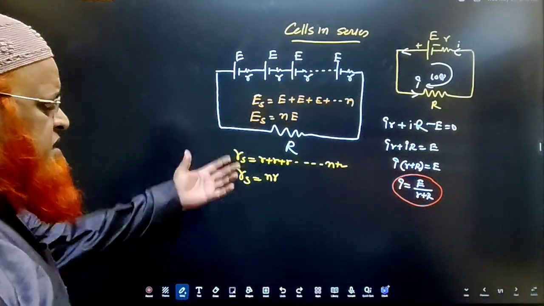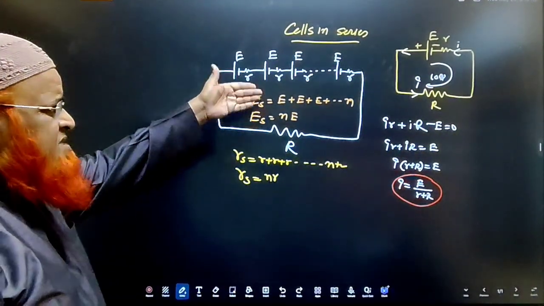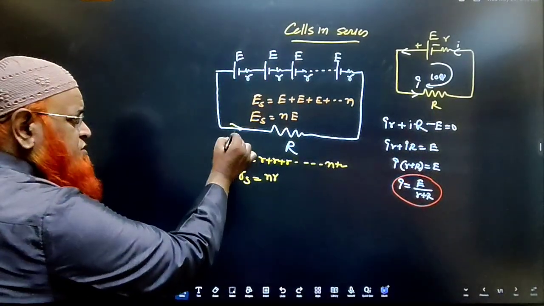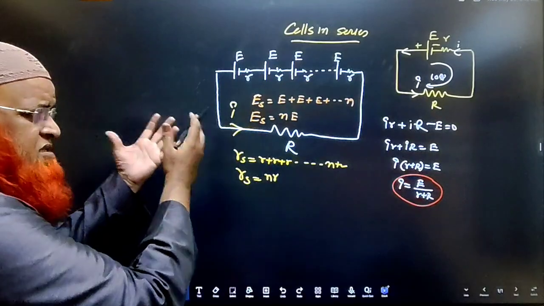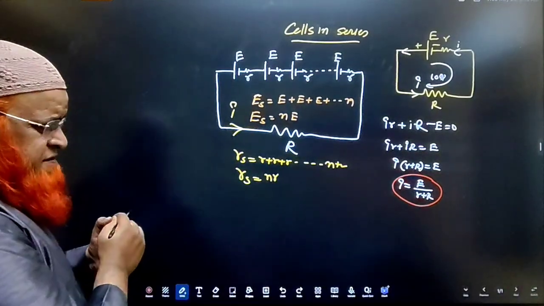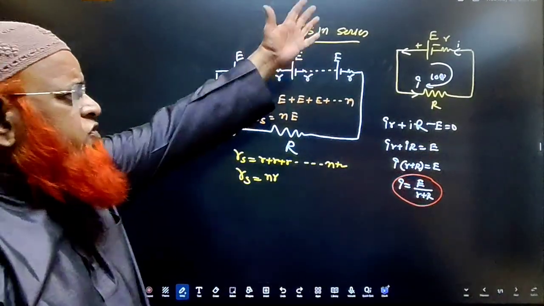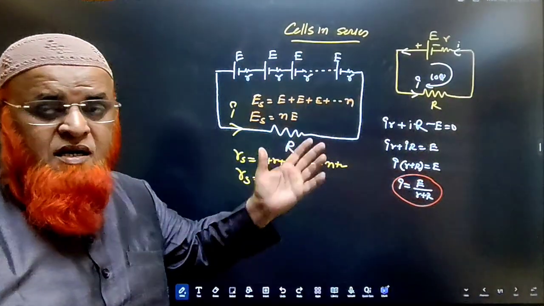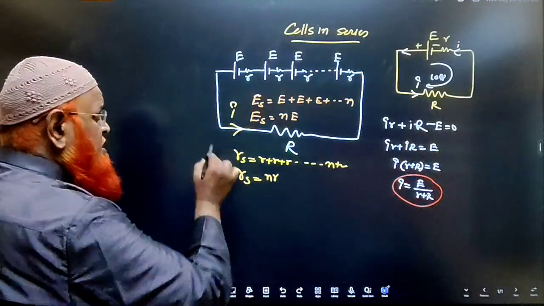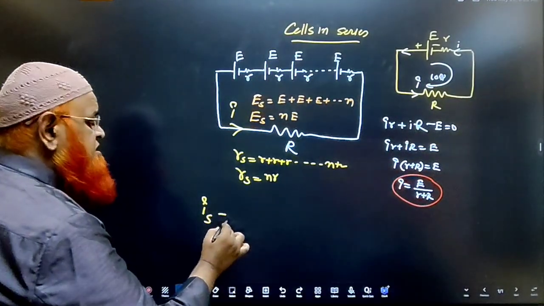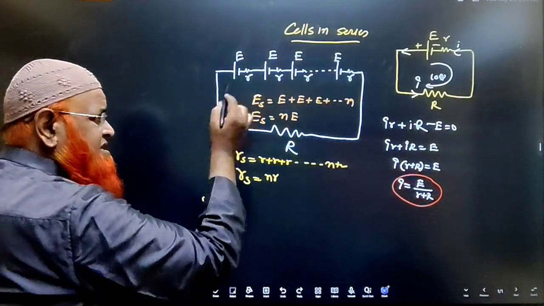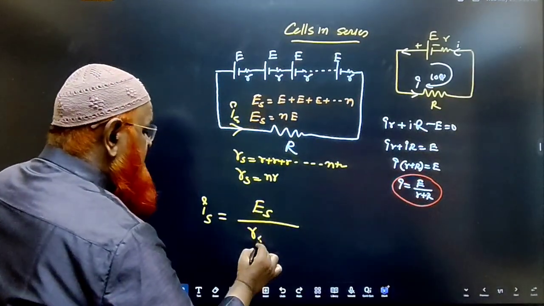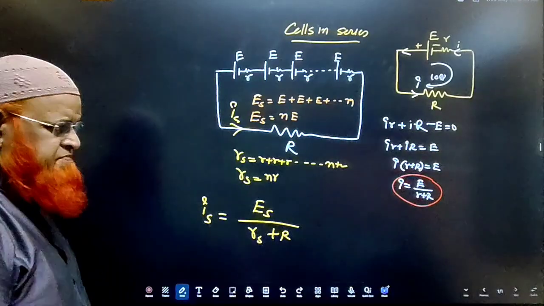Then you have E in series and r in series, and you have to find out the current passing through this total circuit connected in series. The simple method is, if you understand the simple circuit for one cell, you can write the current formula for the case where all the cells are connected in series. The current when the cells are connected in series is E series divided by r series plus capital R. Understood?